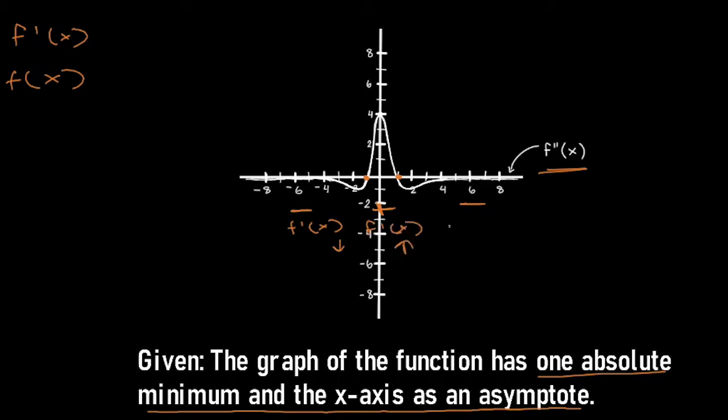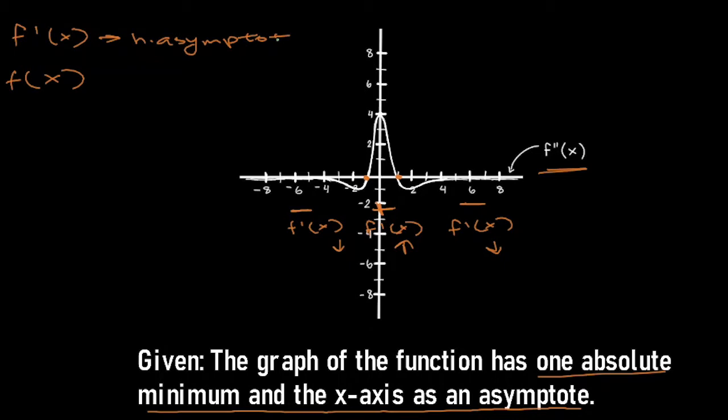Before we graph f prime of x, we need to keep in mind that f double prime is approaching 0. So f prime of x will have something similar to this, because if the graph looked like a horizontal line, then its slope would be 0, but it's not a horizontal line because it's only approaching 0.